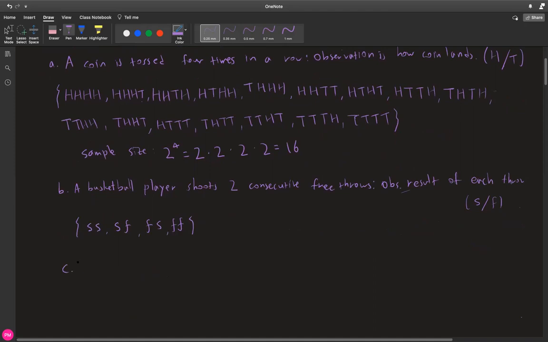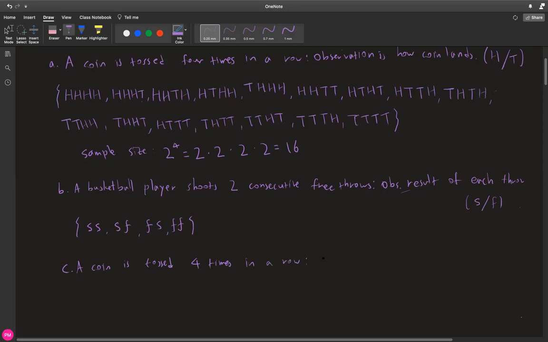C, so a coin is tossed 4 times in a row.